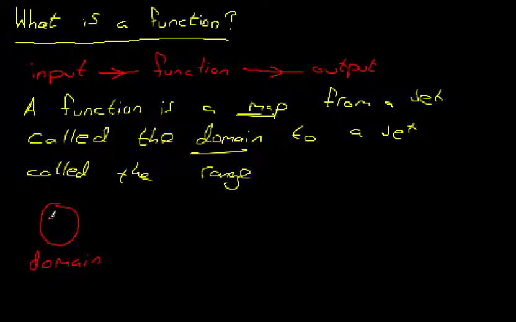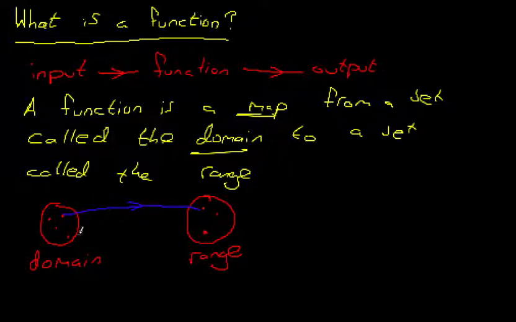and you have a bunch of numbers in here. We'll just mark them as points. And you have another set of numbers called your range. And then what the function f does is it maps points in your domain to points in your range, okay?